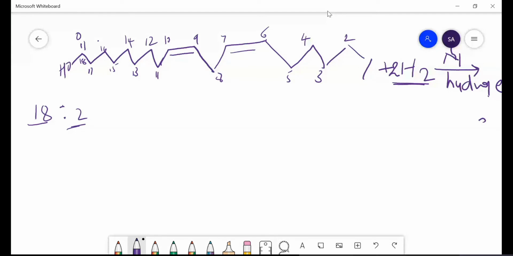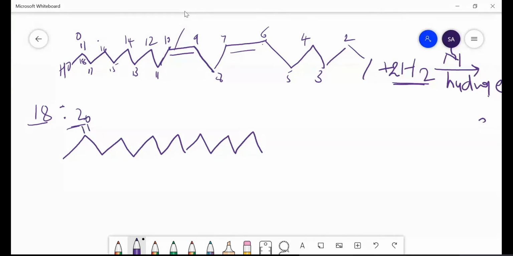How? In the hydrogenation process, the double bond at carbon atoms 10 and 9 will go away, and the double bond at the position of 7 and 6 will go away. The reaction is simple. The double bond is gone.